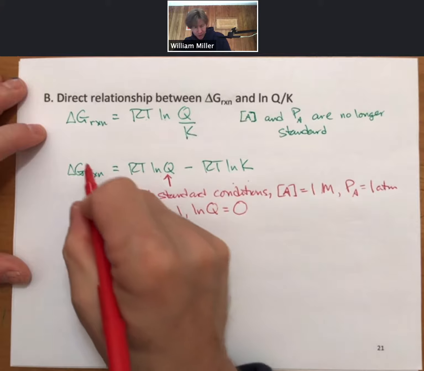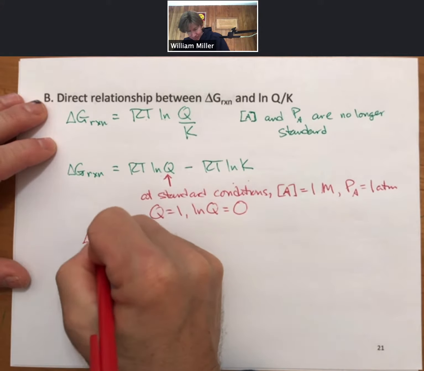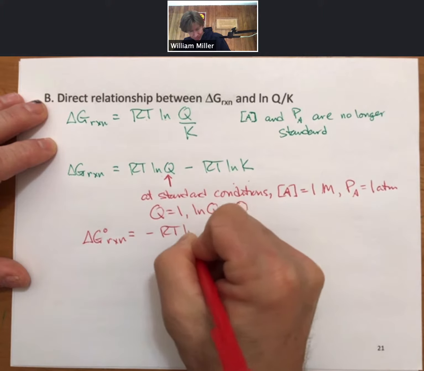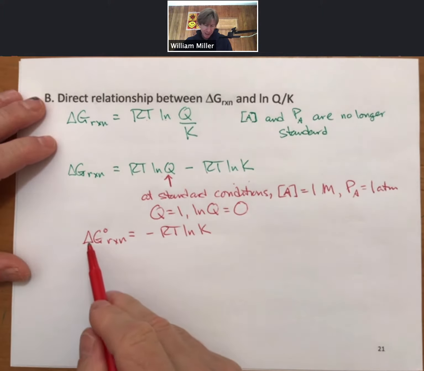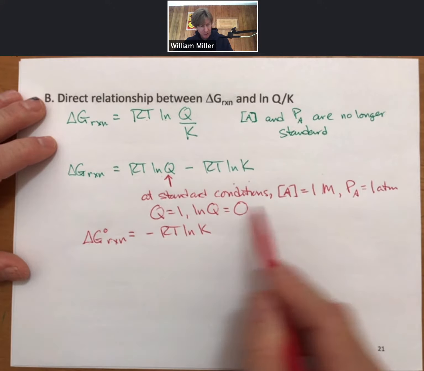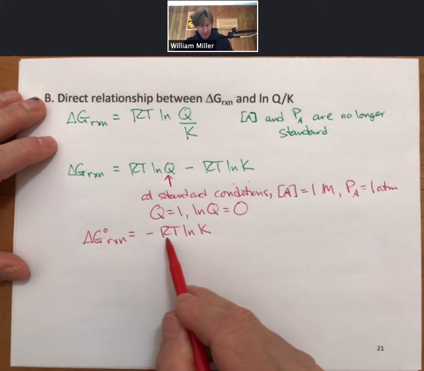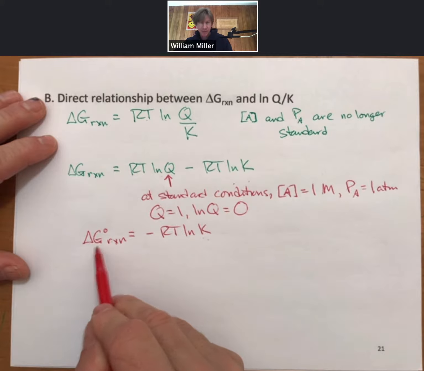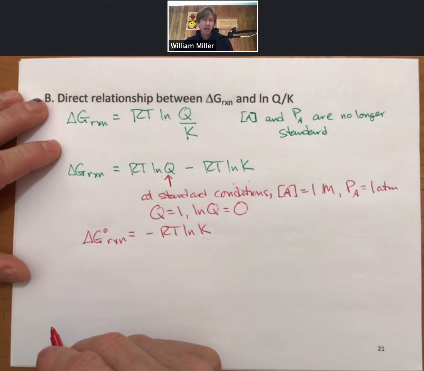And when we put the not back in, we see that the change in free energy of reaction under standard conditions equals minus RT ln K, where K is the equilibrium constant and delta G is the free energy of reaction.